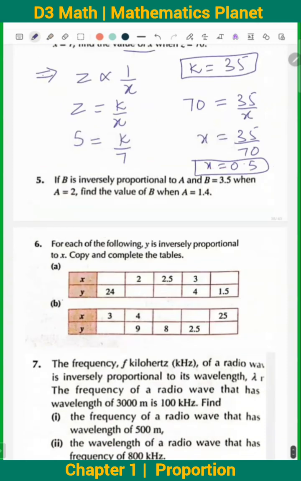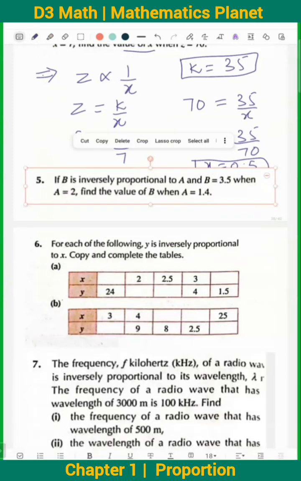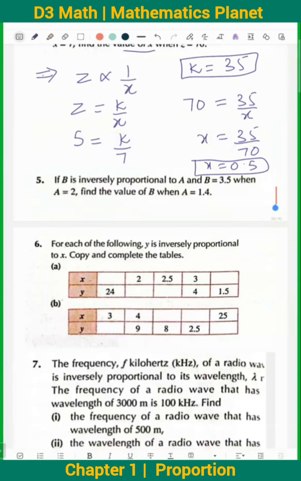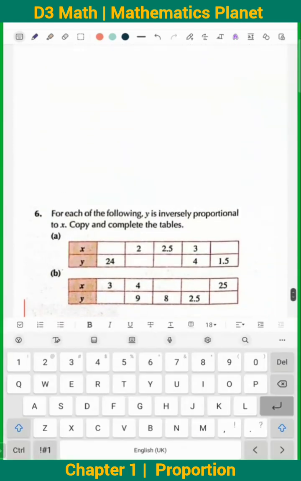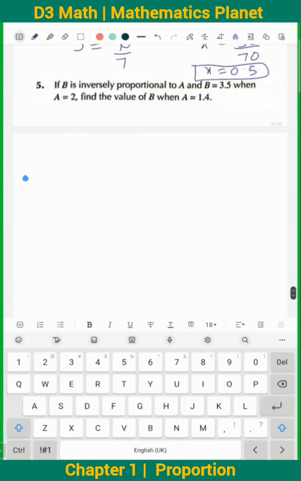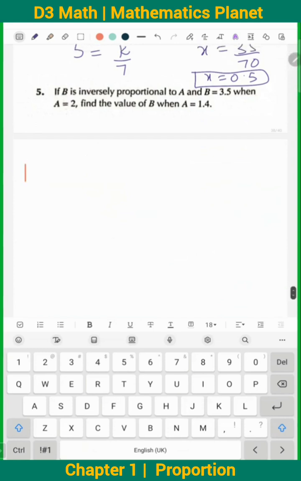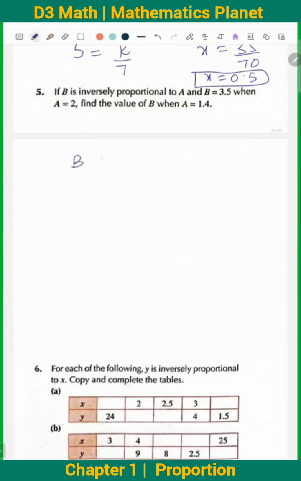Okay. Now again, I'm giving you 2 minutes to do question number 5. Ma'am, k equals 7. So B is inversely proportional to A. B is equal to K by A. B is equal to 3.5 when A is equal to 2.